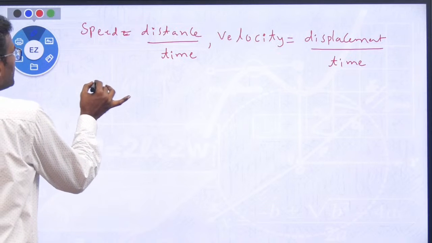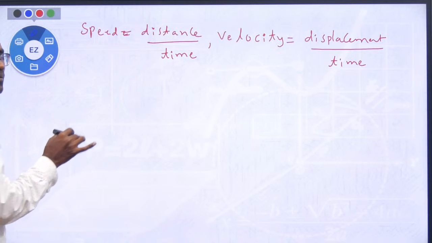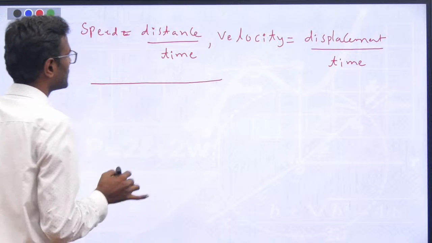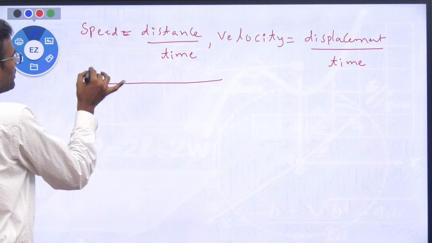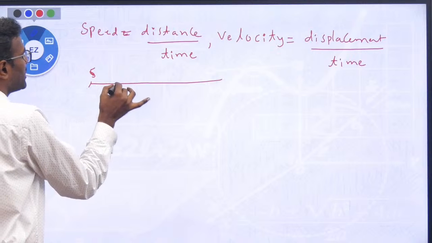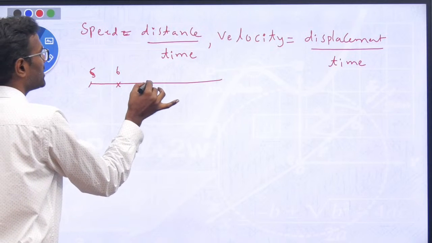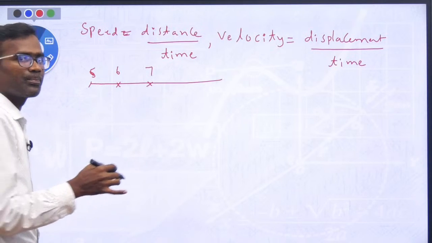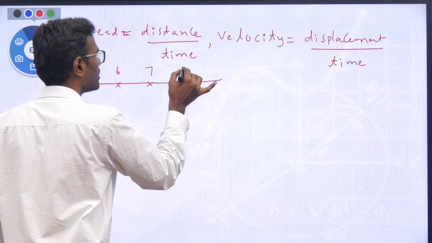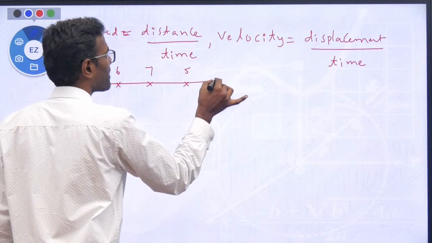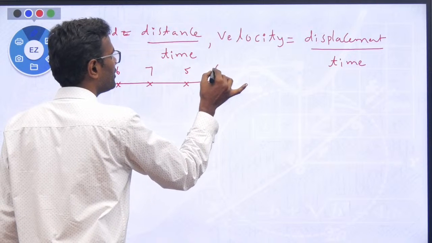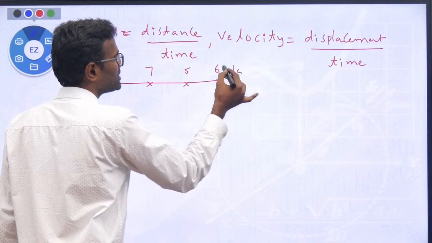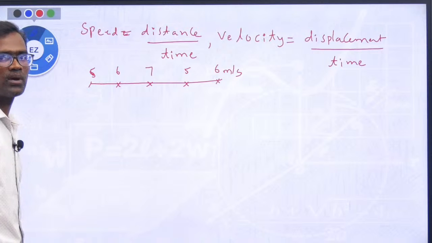If the body is moving with different speeds throughout the motion, let me write some: 5 meter per second, here 6 meter per second, here 7 meter per second, again it slows down to 5 meter per second, again increases to 6 meter per second. This is said to be non-uniform motion.